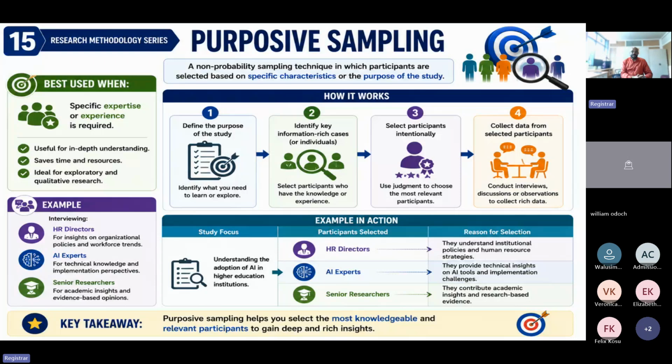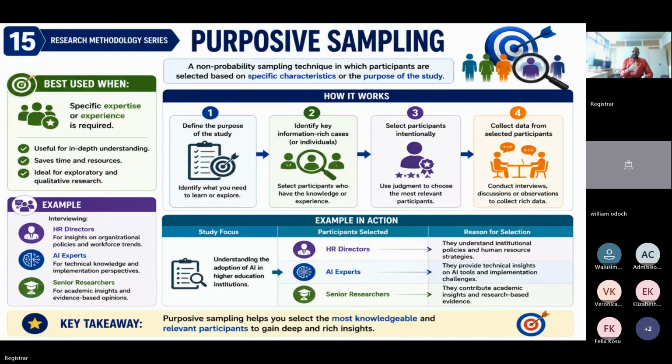So ensure the purpose of the study, identify what you are going to learn, identify the key information, select participants, and then collect data from the selected participants.